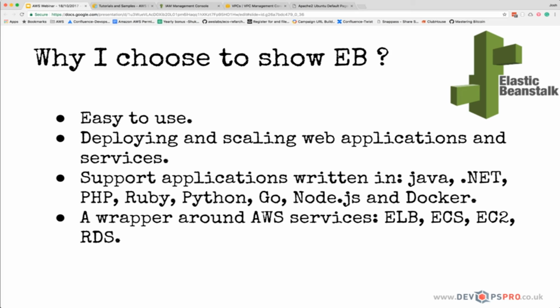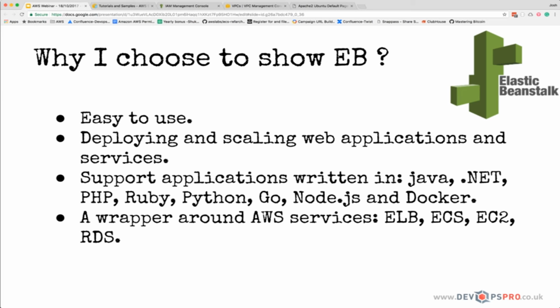Before I talk about it, why I chose Elastic Beanstalk. Elastic Beanstalk is a service by AWS that allows you to very, very quickly deploy and scale your application. So if you don't know how to do scaling with AWS, if you're new to AWS and you just want to quickly get started with it, Elastic Beanstalk is a very good starting point.